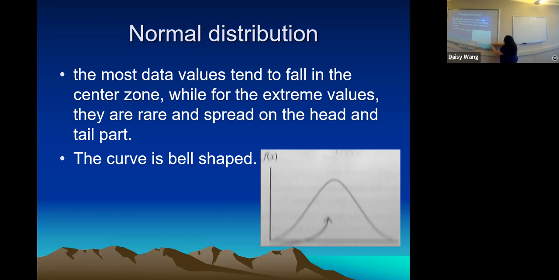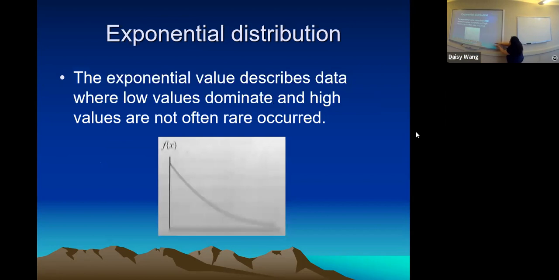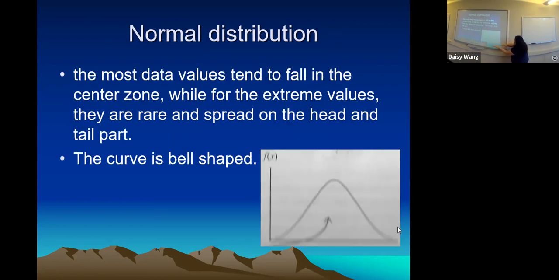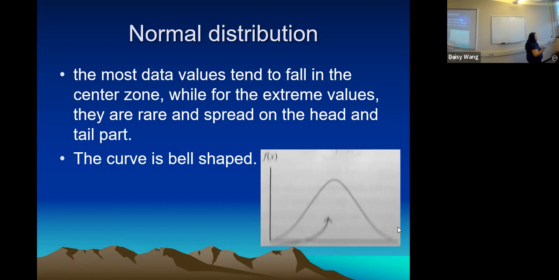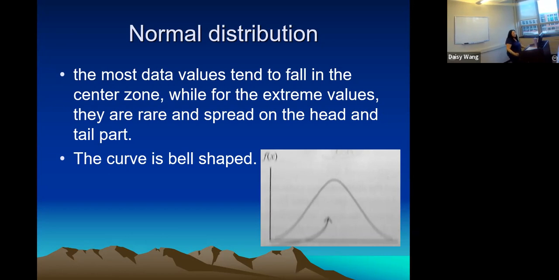It usually doesn't touch the x axis, it just goes like this, okay? So any possibility is here. That's the normal distribution and it's bell shaped. This is the most common one we use in statistics.